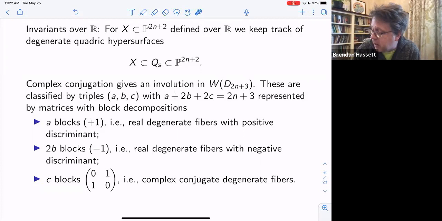Again, we're looking at involutions that are sign permutations, and up to conjugacy, they're all of the form +1, +1, +1, -1, -1, -1, and a whole bunch of these 2x2 blocks. This gives you invariants of the conjugacy classes of involutions in the Weyl group.